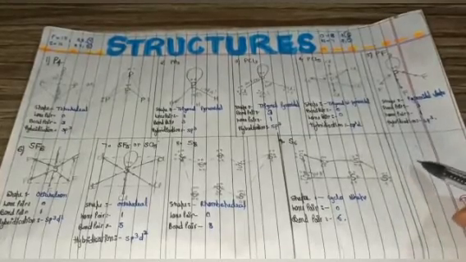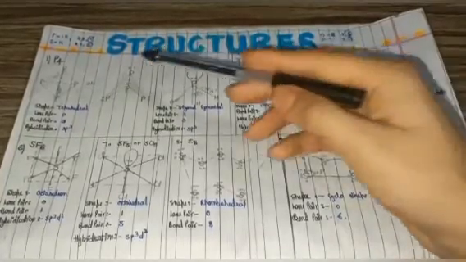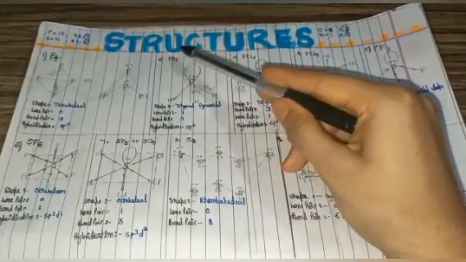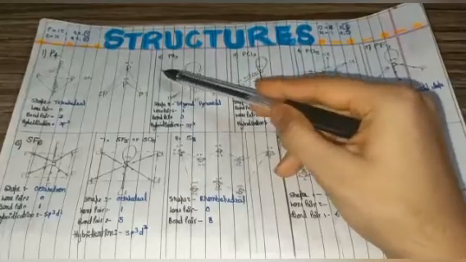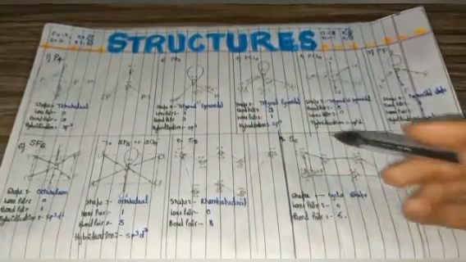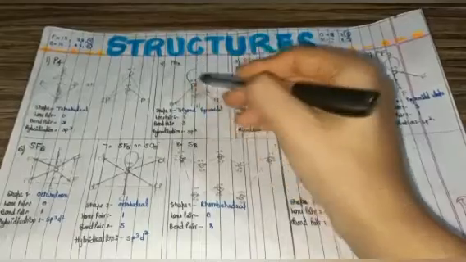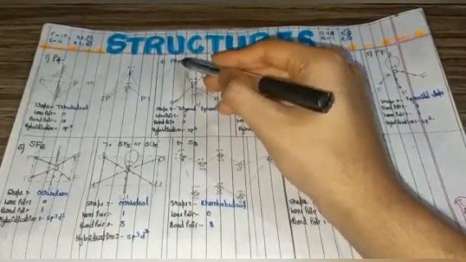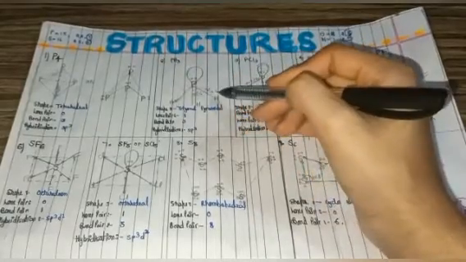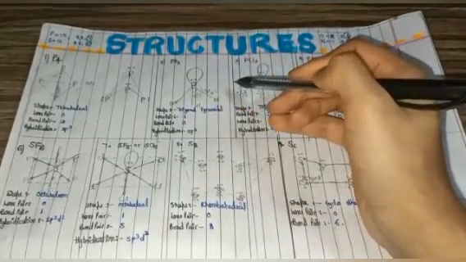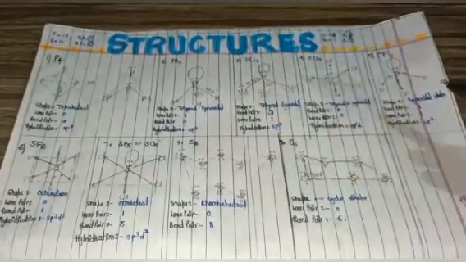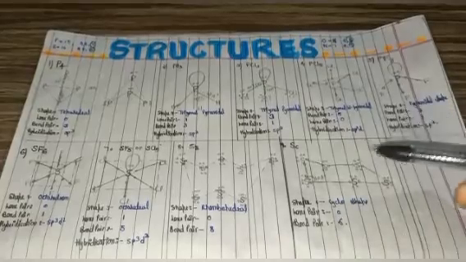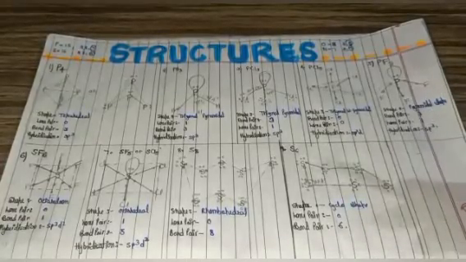If we have a molecule like PH3, we will take the single atom at the center, and the other atoms which have bonds will be around it. So these are some of the rules which you need to keep in mind, and then it's very easy to make them. So let's discuss some of the compounds here.